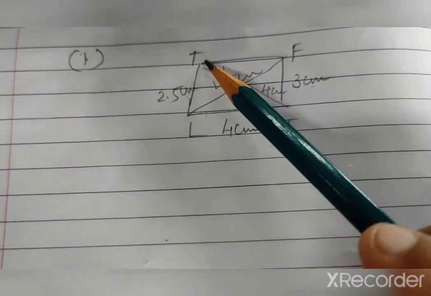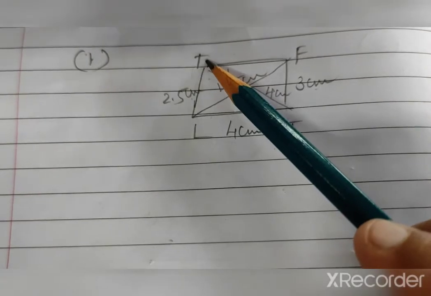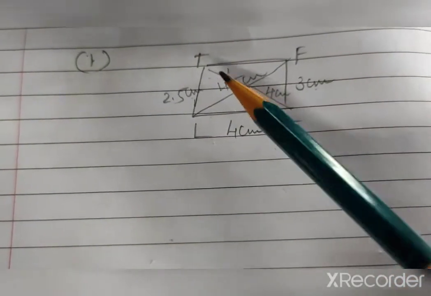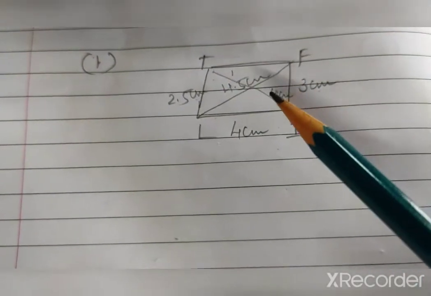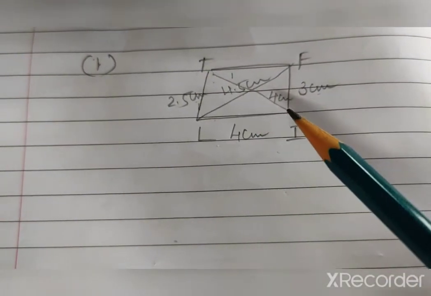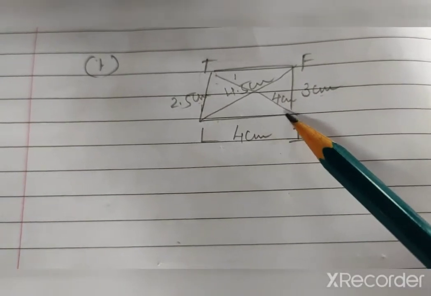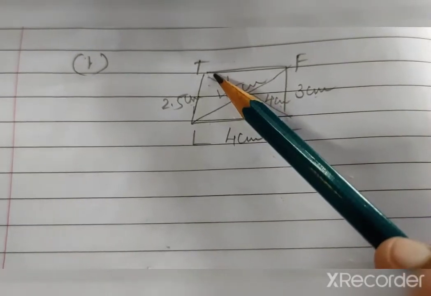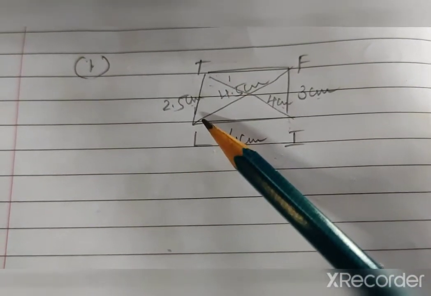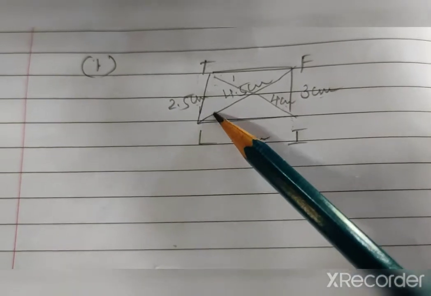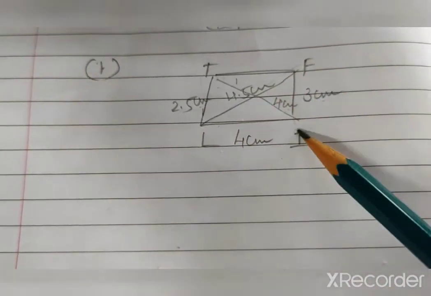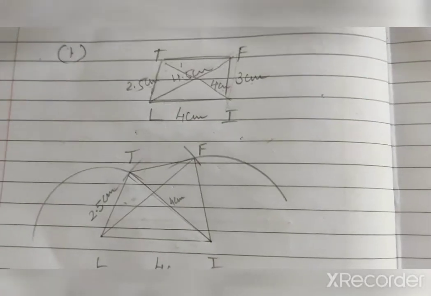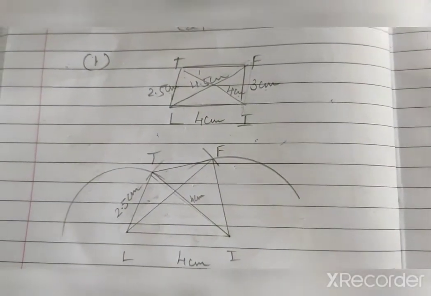This arc will intersect the first arc at T. We will join L to T and I to T. Then from L to F and I to F we can draw. So now with the help of the rough diagram we got the idea.